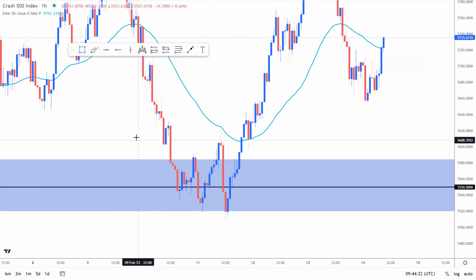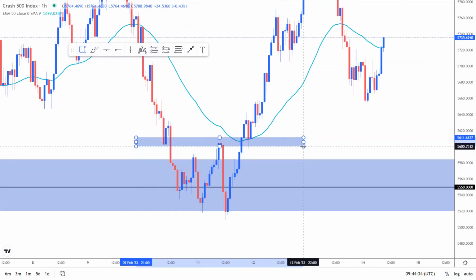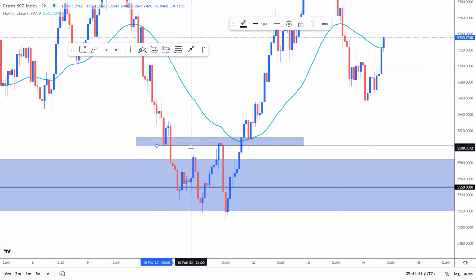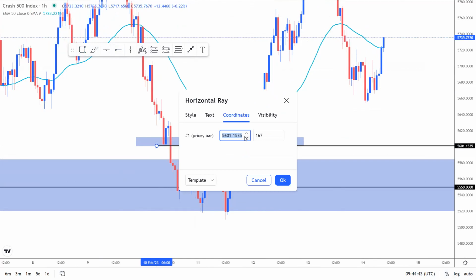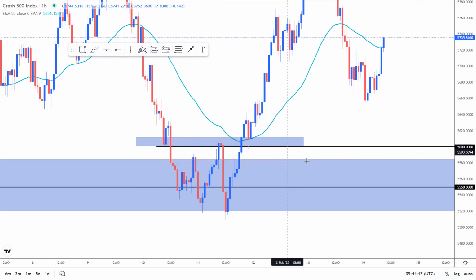And then what I pretty much was waiting for was the break of the neckline.